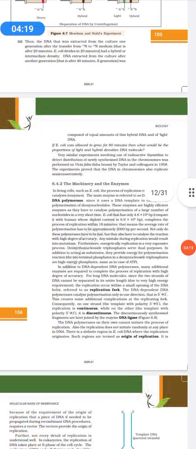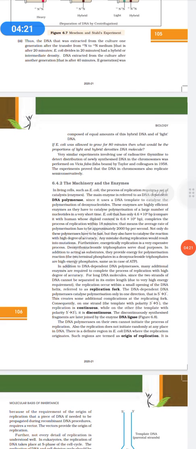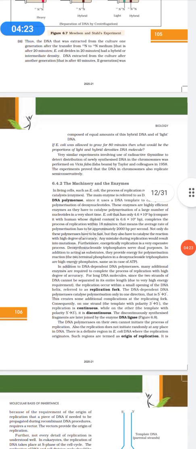The deoxyribonucleoside triphosphates serve a dual purpose. In addition to acting as a substrate, they also provide energy for the polymerization.